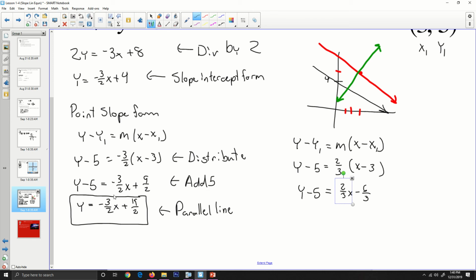And so if there were 10 halves in 5, there are 15 thirds in 5. So I'm going to go y equals 2/3 x, and when I add 15 thirds to -6 thirds, I'm going to have a positive 9 thirds. And that right there is going to be my perpendicular line.